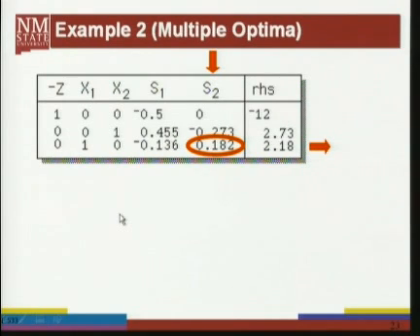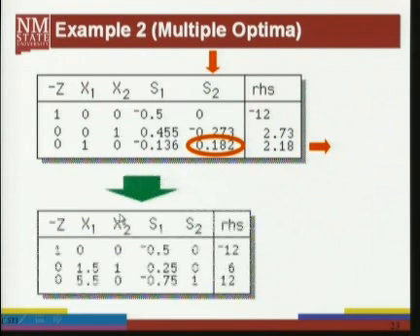So if we decide to include S2 in the basis, then as we increase S2 from 0, the first block occurs at 2.18 over 0.182, because only the ratios of right-hand sides to positive substitution rates are used in the minimum ratio test, right? And in that case, x2 becomes 0. That means x2 will leave the basis.